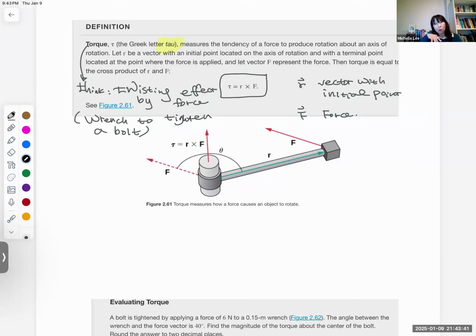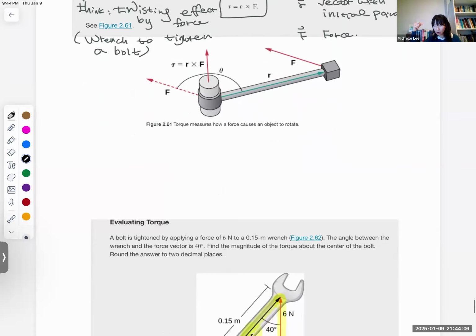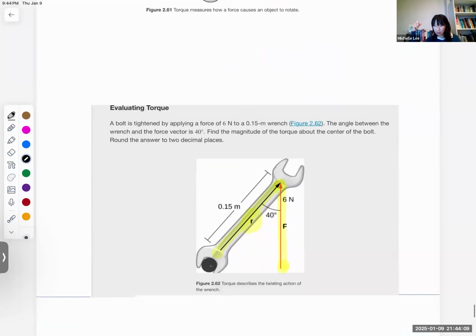So tau is equal to, we just learned, the cross product. So cross product of r, or, what's the r in this case? It's a vector with an initial point. And also F, we learned the last time, it's about the force, okay? Okay, now we do evaluating torque.